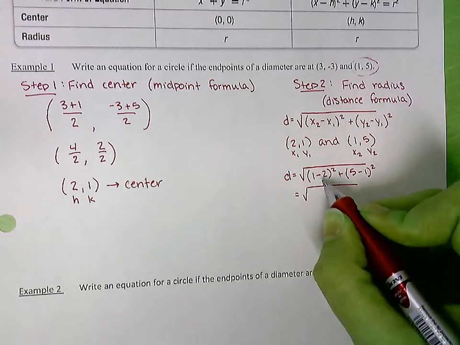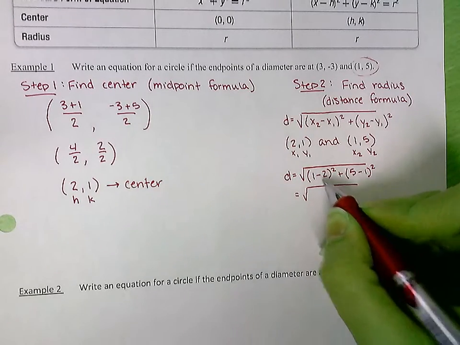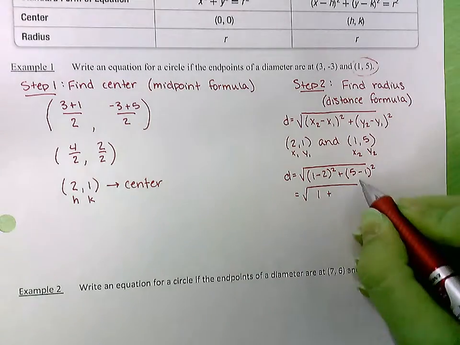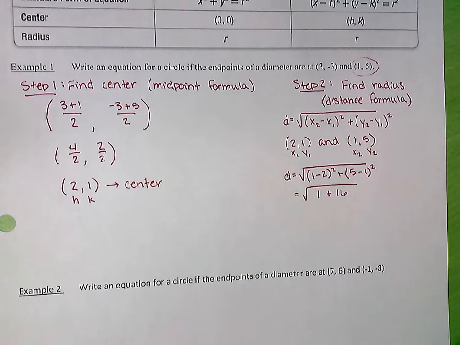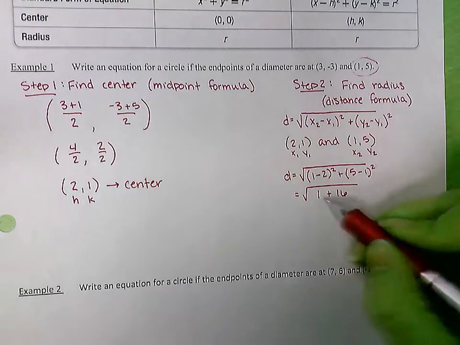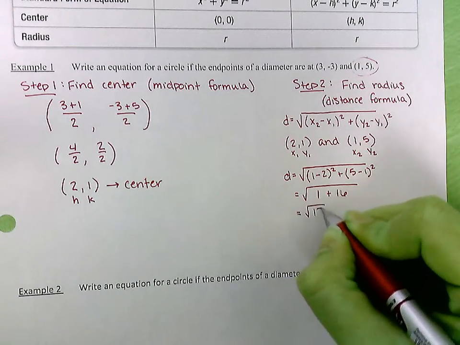Okay, so I get negative 1 squared, 1. I get 4 squared, 16. So I have 1 plus 16 is the square root of 17.